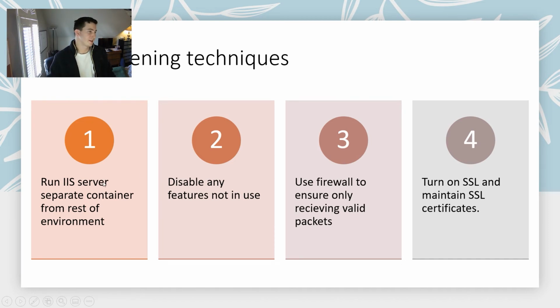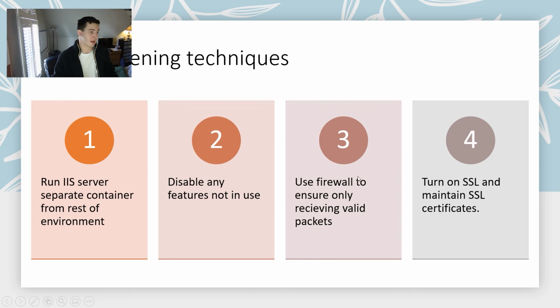So some IIS hardening techniques for the Windows one. You should run it in a separate container from the rest of the environment. The idea of compartmentalization. You shouldn't have it running on the same things as, say, domain controllers and stuff, and that stands for a lot of the different components in these environments.